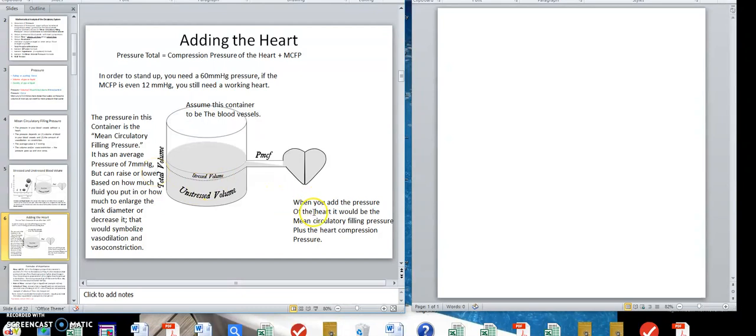When you add the pressure of the heart, it would be the mean circulatory filling pressure plus the heart compression pressure. I hopefully can get a 60 and much greater than a 60. So I'm showing you that the heart, that compression unit, is very important, because you need that. So you could not make it without a working heart. Okay?